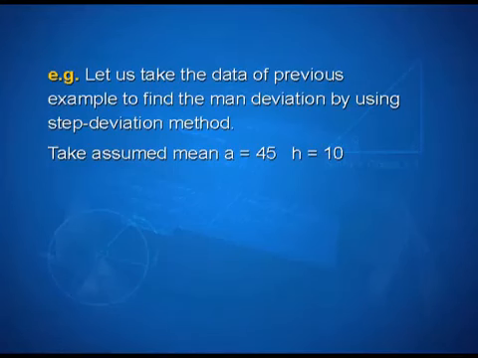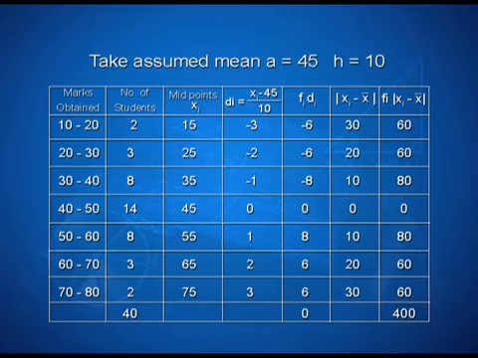Let us take the data of the previous example to find the mean deviation by using the step deviation method. Take assumed mean a is equal to 45, that is somewhere between 10 and 80, and h as 10. We make these columns.